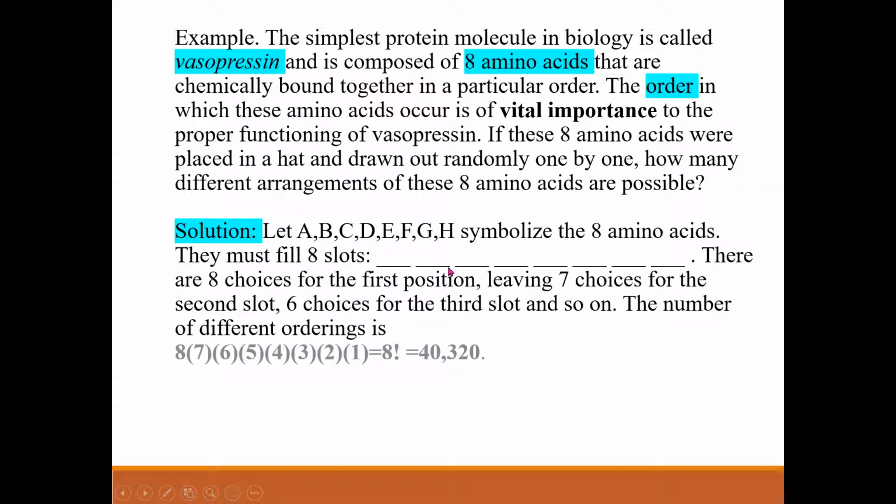For the next slot, since repetition is not allowed, I am left with 7 choices, right? For the next one I am left with 6, and so on. So there are 8 factorial ways in which this selection could be performed. And this is the reason I introduced the concept of factorial, because it's going to be used very frequently in this lecture.